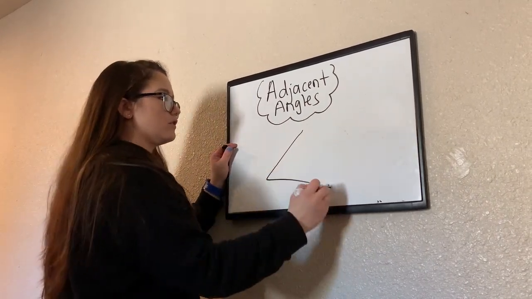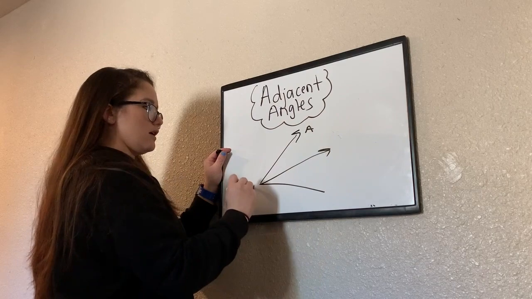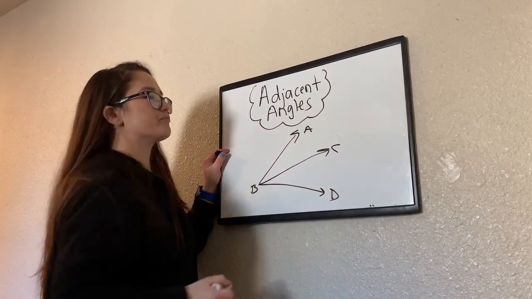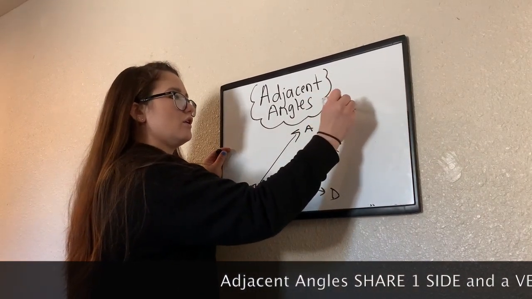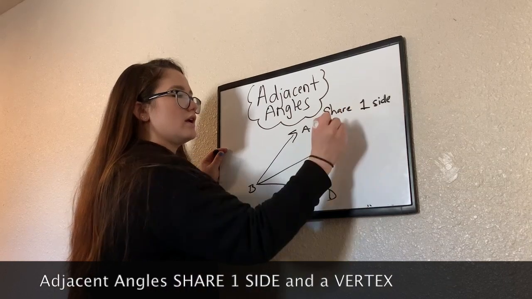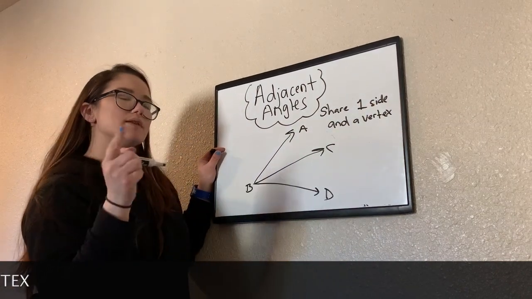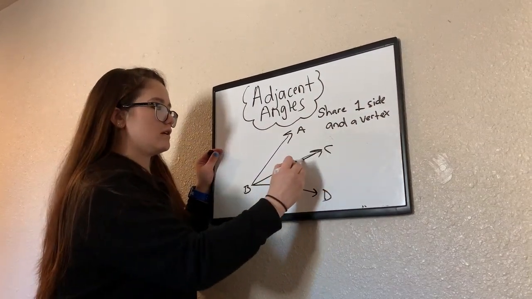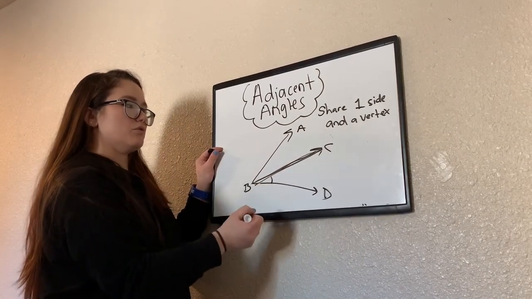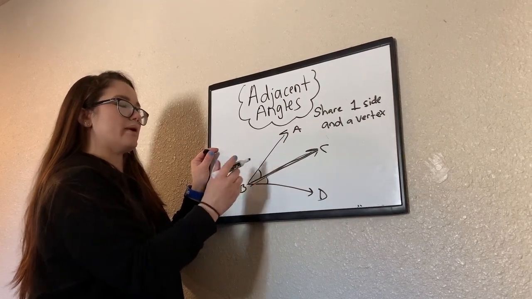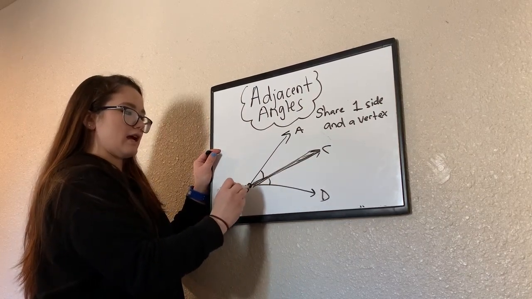If I had this angle, and let's say again, I cut it, let's say angle A, B, C, and D. Adjacent angles share one side and a vertex, a side being a line. So this angle here would be adjacent to this angle here. Remember, next to, it shares the side and it shares the vertex.